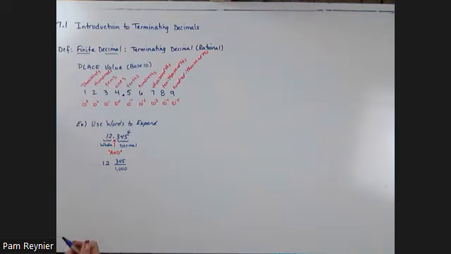Okay, so we're going to start off with the whole number part, which is 12. And as soon as we get to the decimal, that's our word and. As soon as we get to the mixed number part, we separate the whole number and the fraction with the word and. So I have 12 wholes and 345.